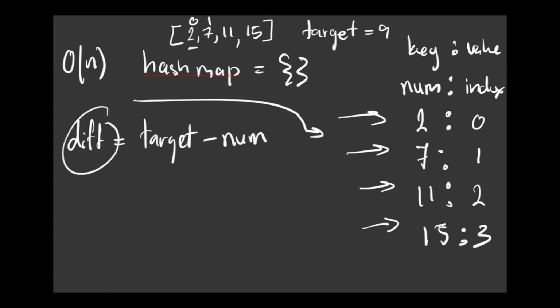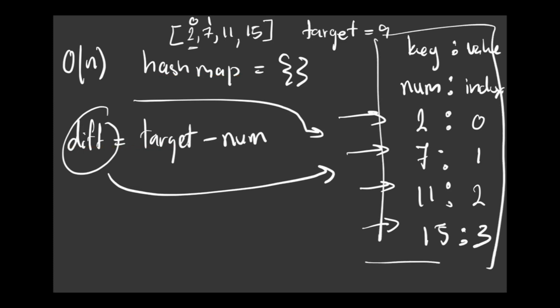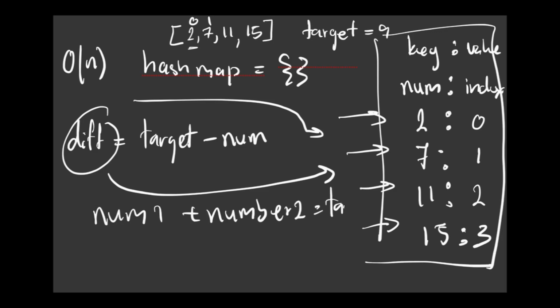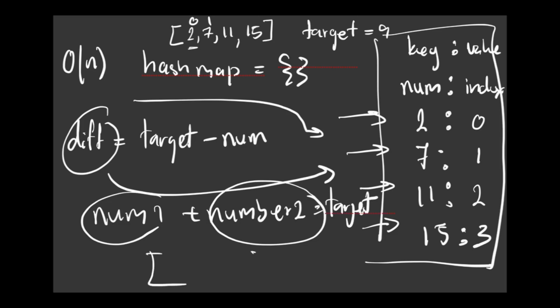If the difference is present inside this hash map, it means that we have found the two numbers that can be added up to the target number. All we need to do is return the indices of these two numbers, which in this case is going to be 0 and 1. And now that we understand the solution, let's go to the coding part.